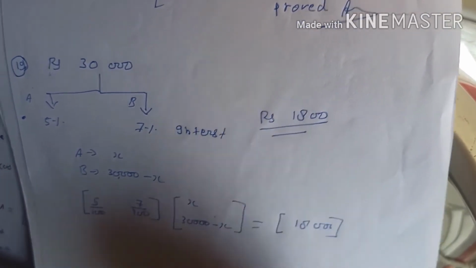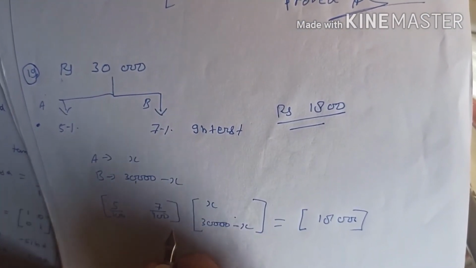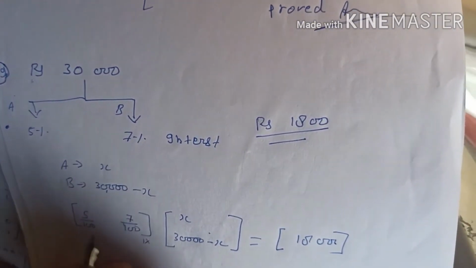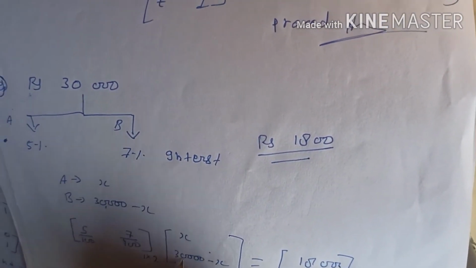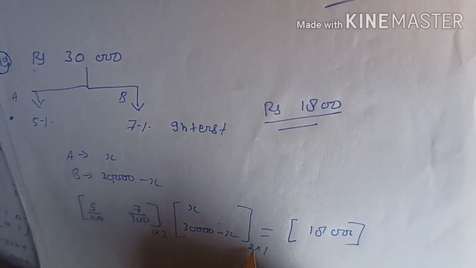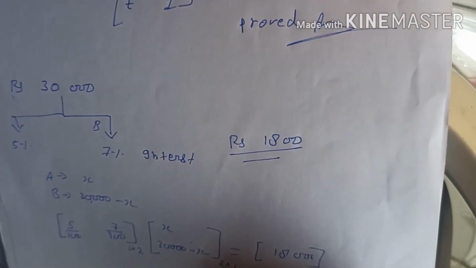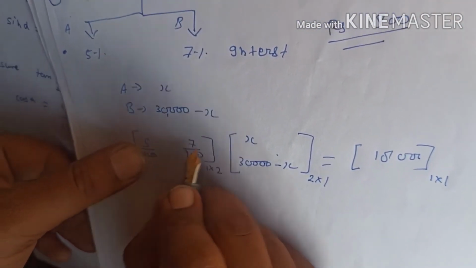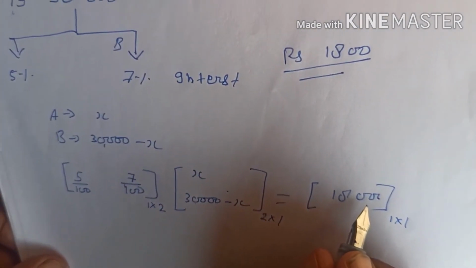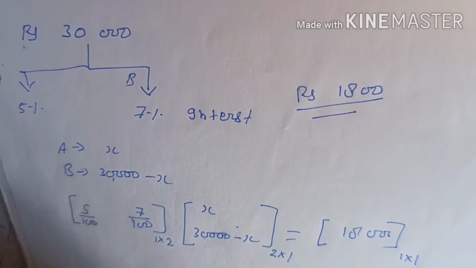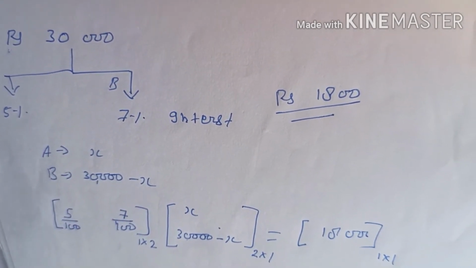So it's one row and two columns, and there are two rows and one column. It can be written like this. So 1 into 1. We are going to multiply this and it equals 1800. Let me check.